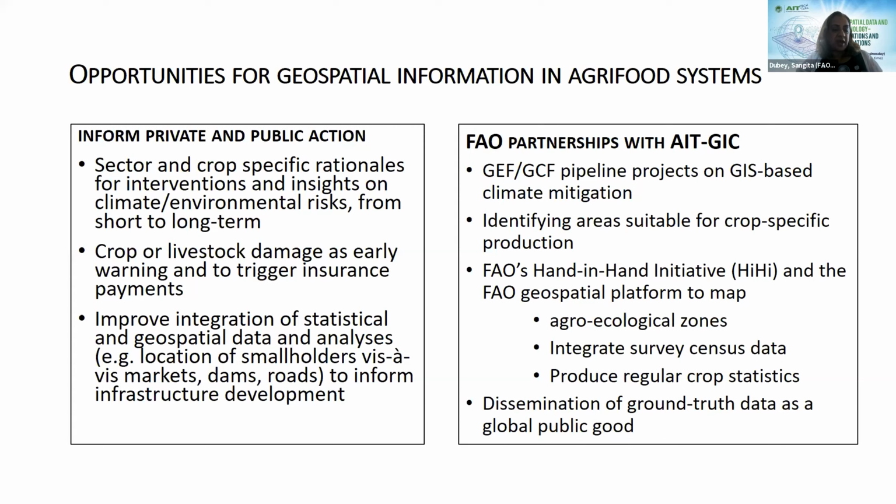So we're working with AIT to see how ground truth data collected by various organizations, whether they be researchers, government organizations, private sector firms, how we can create basic guidelines and a platform to disseminate and share this ground truth data so others can use it to improve on algorithms and potentially to use it for other purposes in producing different types of geospatial information and analysis.